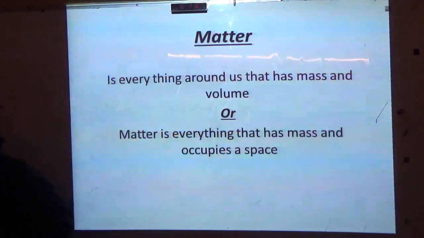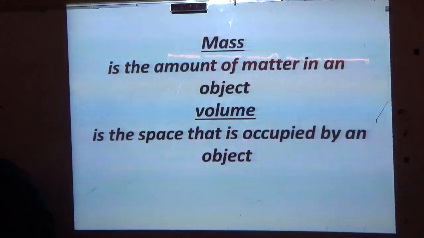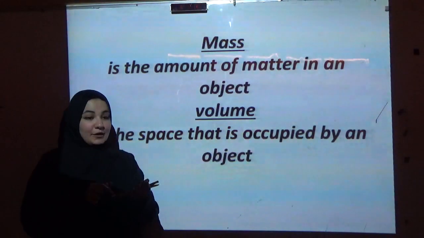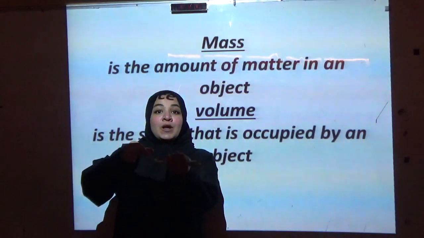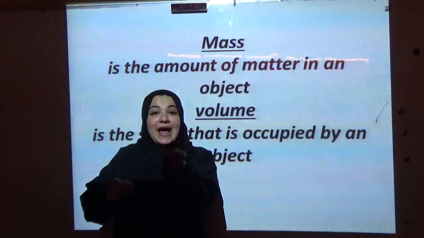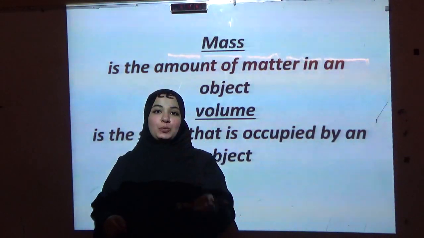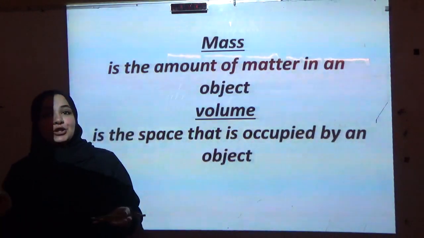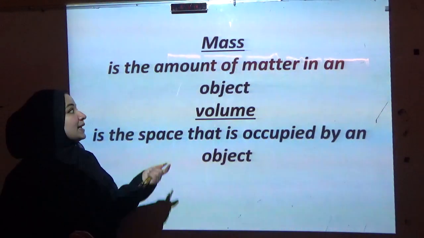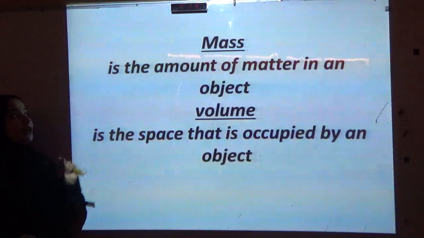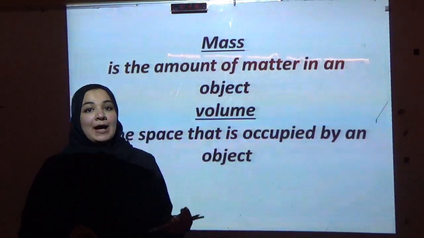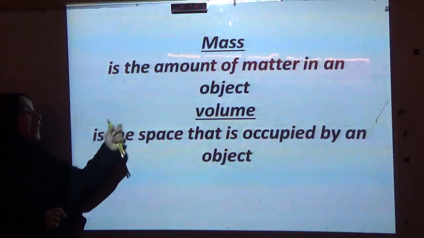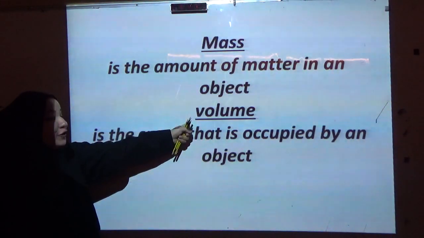Now, what is the meaning of mass and volume? Mass, if I put the pens one above the other, is the amount of matter in an object. So this is the definition of mass. And what is the meaning of the volume?